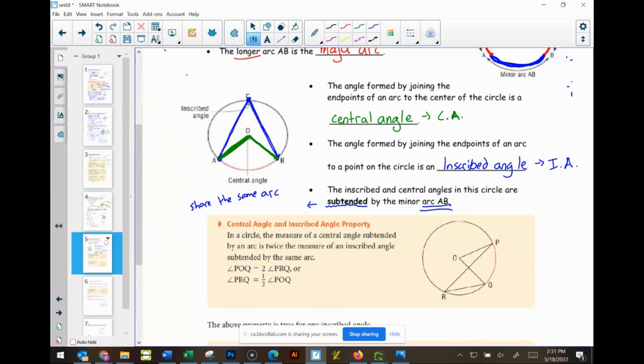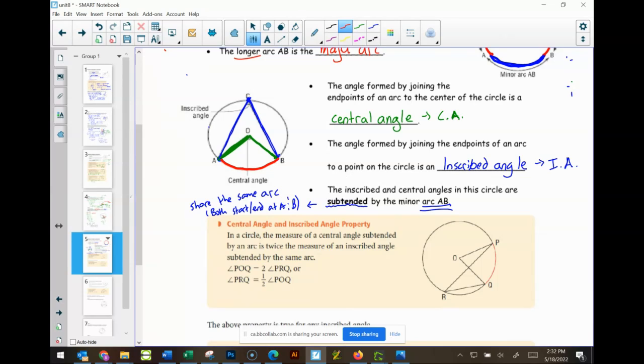And what does share the same arc mean? Okay, they both start and end, depending on which way you're going, at A and B. So any arc that you make in this circle that goes from A to any point on the outside of the circle and then back to B, or from B to any point and back to A, they will all share that red minor arc at the bottom.